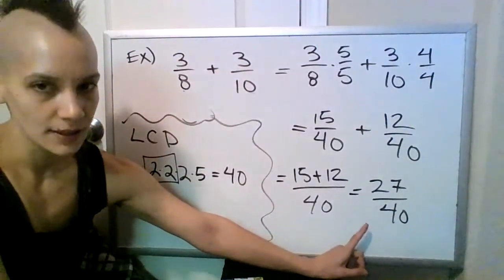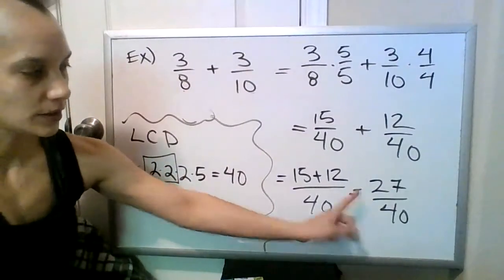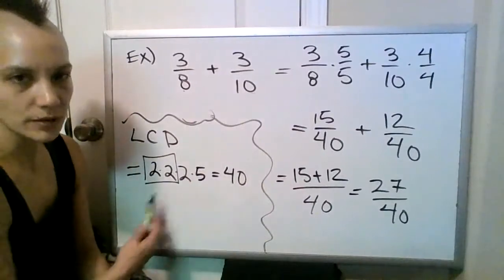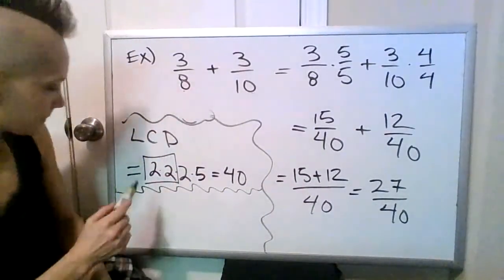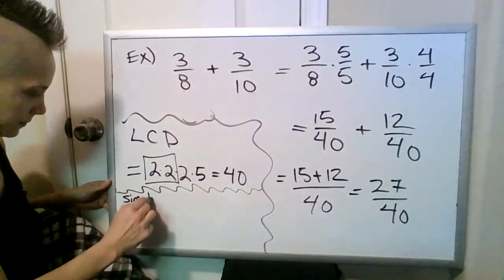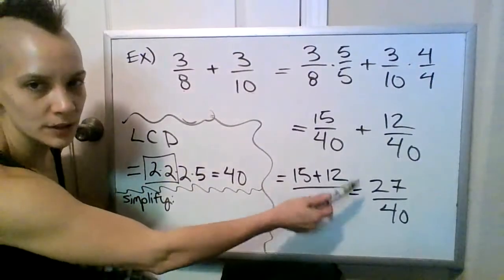And then I checked the factors of 27 and the factors of 40. Nothing canceled, so this is fully simplified. But maybe we should do that over a scratch record. So I just want to see if this is fully reduced.